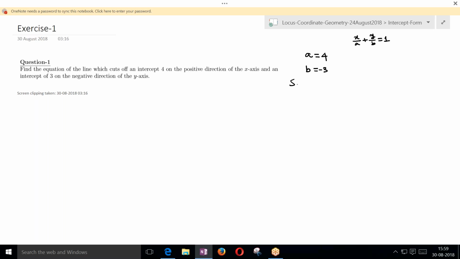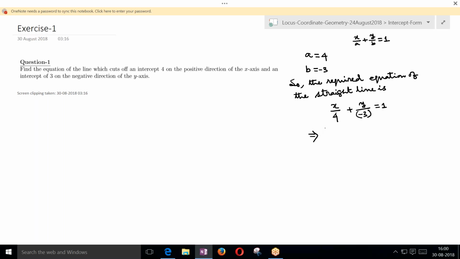So our required equation of the straight line is x by 4 plus y by minus 3 is equal to 1.